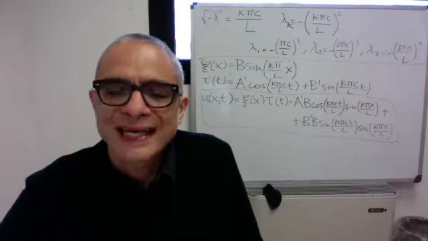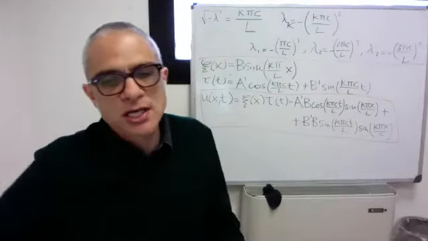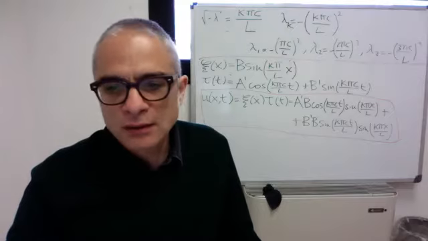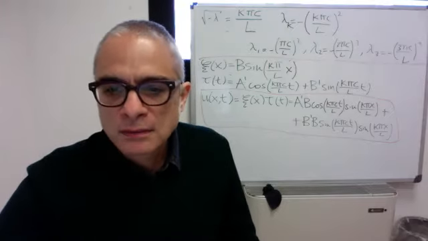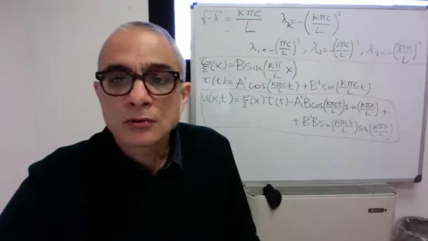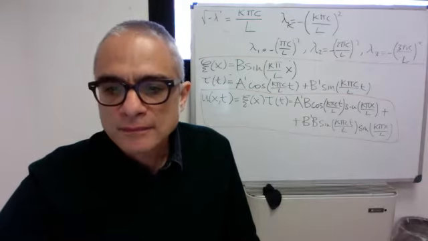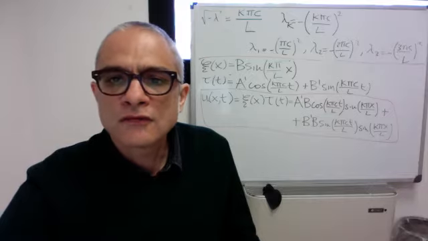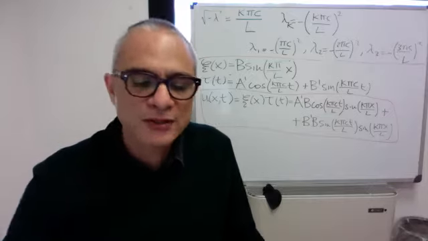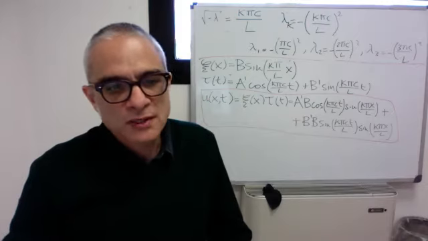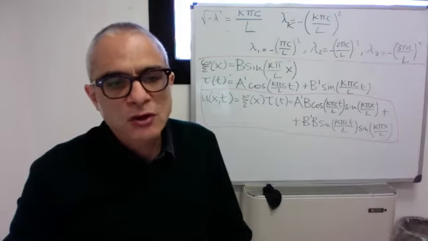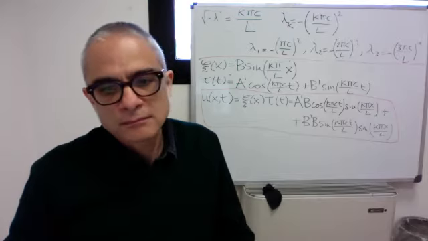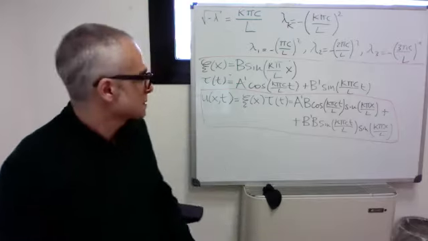So I guess I shouldn't say that this is the general solution. What I've written on the whiteboard is rather a spectrum of possible particular solutions. For each value of k, I have a solution that looks like this.